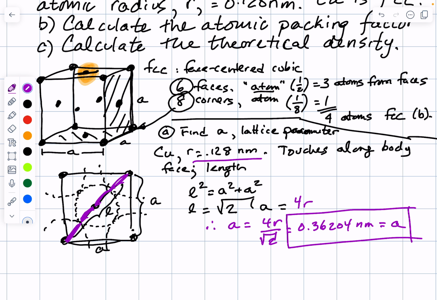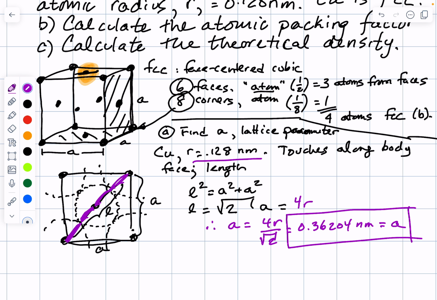All right, so now for B. B is to calculate the atomic packing factor. That is the fraction of space occupied by those atoms inside the unit cell divided by the volume of the unit cell.